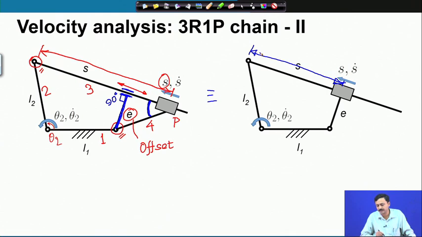Once we have analyzed the mechanism on the right, we can always go back to the original mechanism, because the angle between 3 and 4 remains fixed, and we can find the corresponding motions of the mechanism shown on the left.